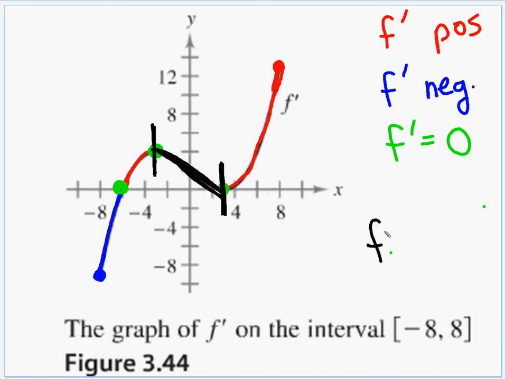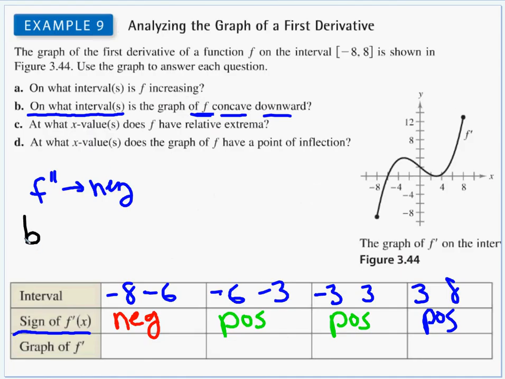So this is where f prime is decreasing or negative. That's going to make our second derivative have a negative slope on that same interval. So this would be from -3 to 3.